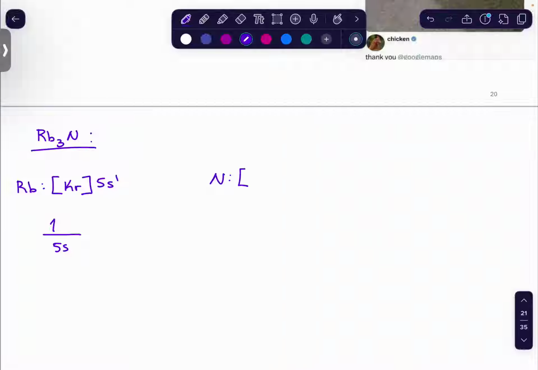Nitrogen has an inner shell of helium, outer shell 2s2, 2p3, so those are the 5 valence electrons.